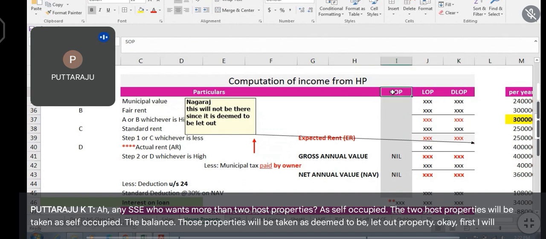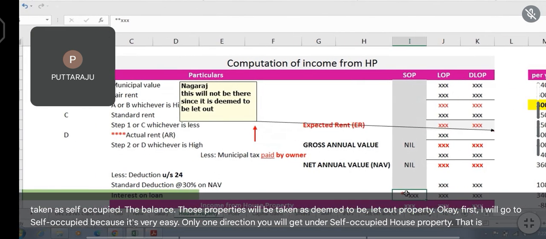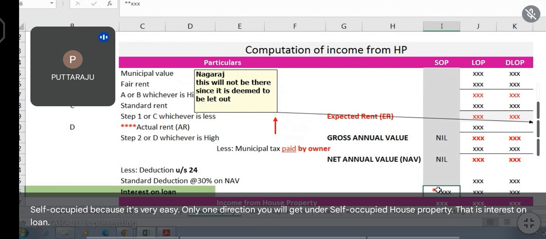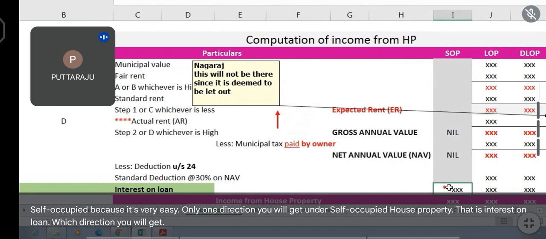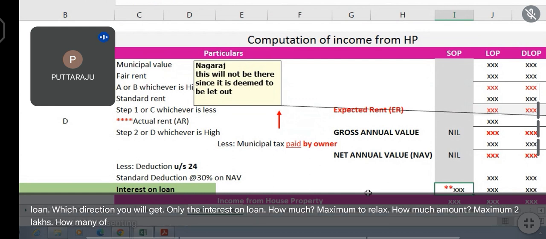First I will go to self-occupied because it's very easy. Only one deduction you will get under self-occupied house property, that is interest on loan. How much? Maximum 2 lakhs. How many of you are claiming this deduction? Malini, Satyamurthy, Shantamurthy sir, claiming.